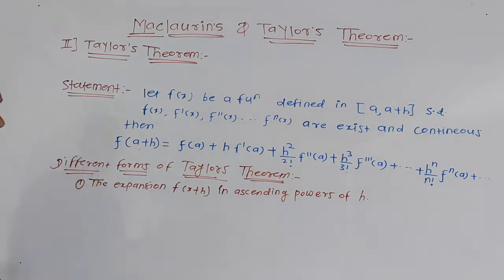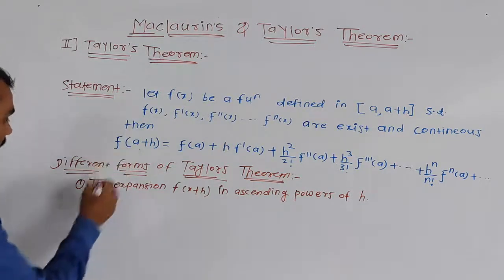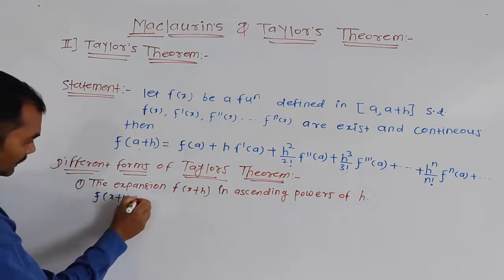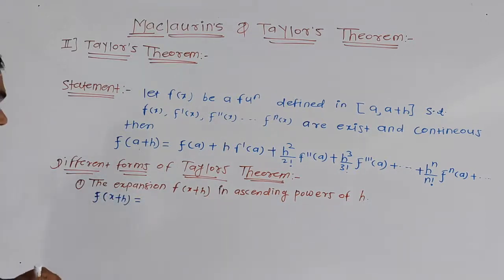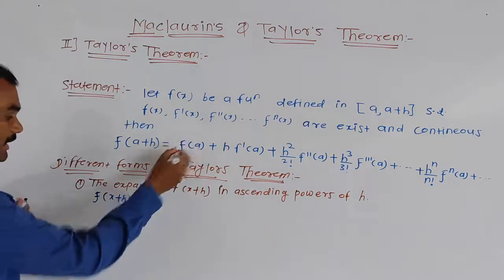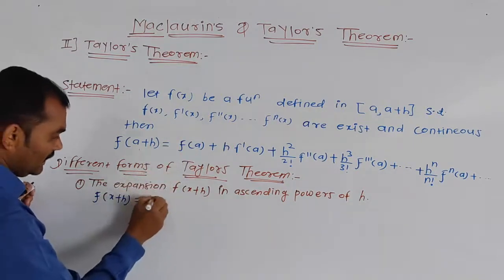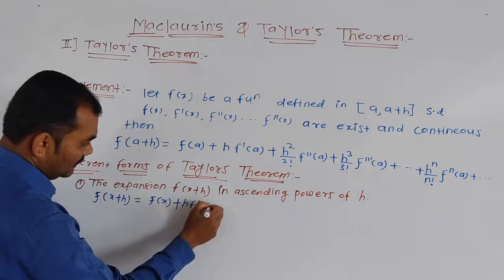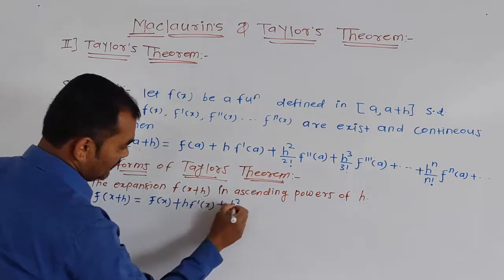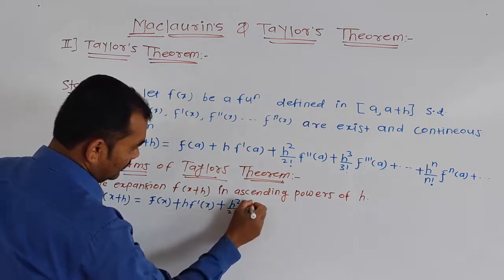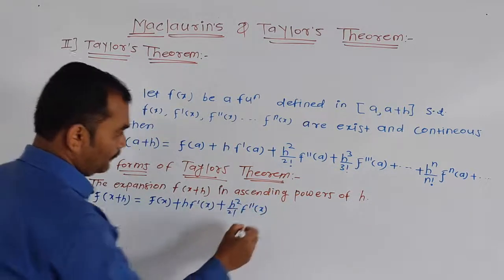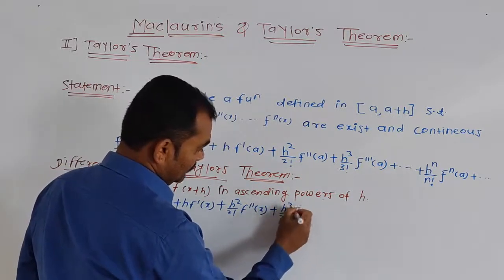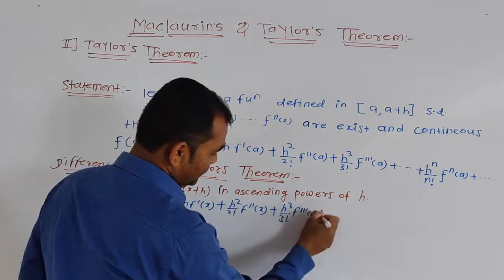Now in this formula we replace a by x, so we get f of x plus h in ascending powers of h, the same series with only a replaced by x. We get f of x plus h f dash of x plus h square upon 2 factorial f double dash of x plus h cube upon 3 factorial f triple dash of x plus dot dot dot.